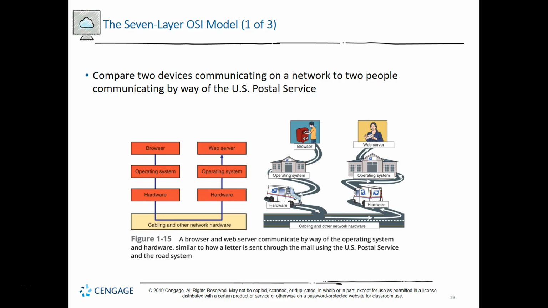For a browser and a server, if we look at this, it goes down the stack, sends that data across, and comes back up to the web server. This is the beginning of that idea. The browser goes to the operating system, goes to hardware. It sends it across cables, back to hardware, back to the operating system, and back to whatever application, in this case a web server. So we've gone down the stack and back up this stack.